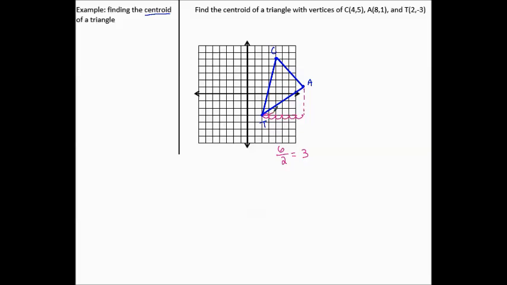So after 1, 2, 3, my midpoint will be right here. And notice by counting horizontally, I will get the same results. 1, 2, 3, 4 divided by 2 would be 2. So halfway, 1, 2, I'd follow my line and I hit at that same point, (5, -1).